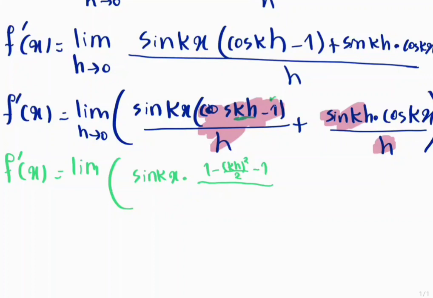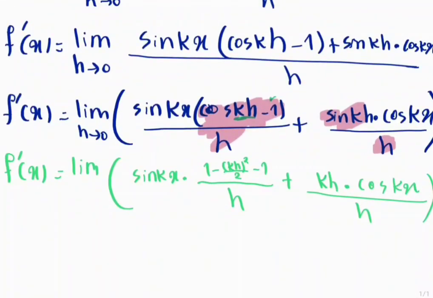This minus 1 is just from this term, over h. And the next bit, let's use the small angle approximation for this highlighted bit. So sine kh, according to the small angle approximation, sine theta is approximately equal to theta. So sine kh is equal to kh, times cos kx, which is just this term, over h.